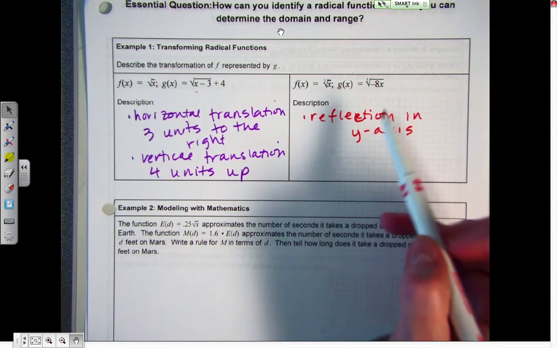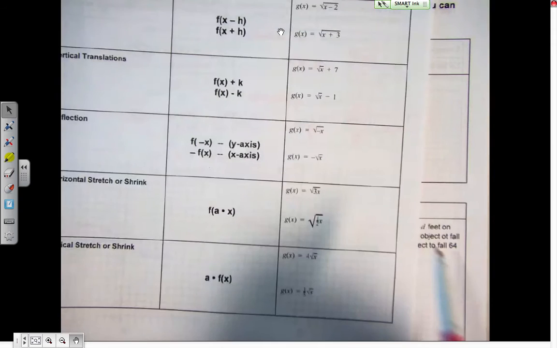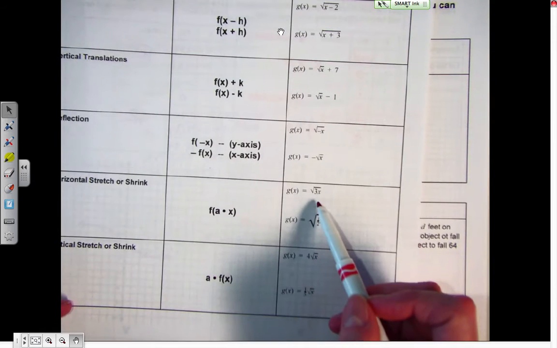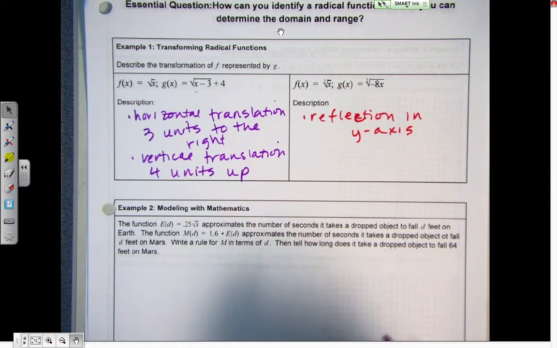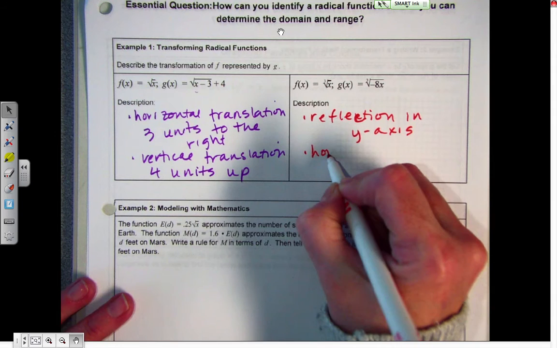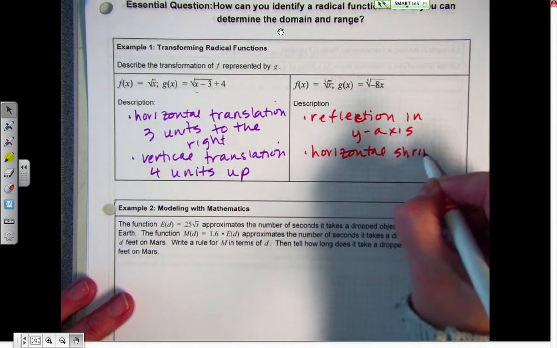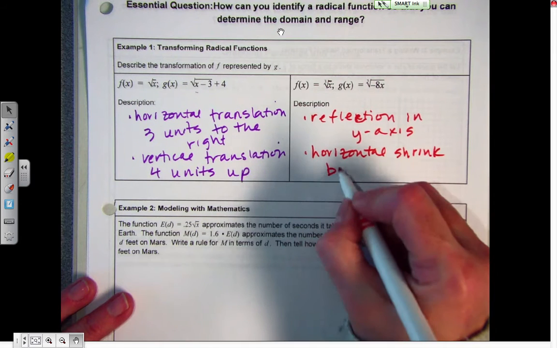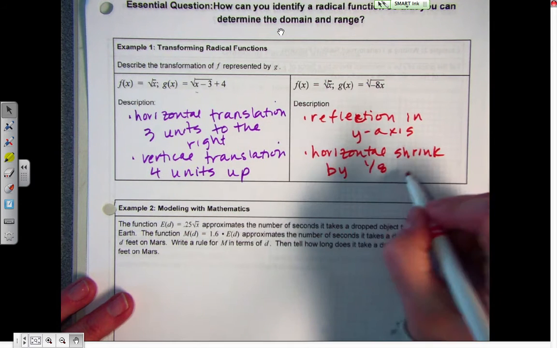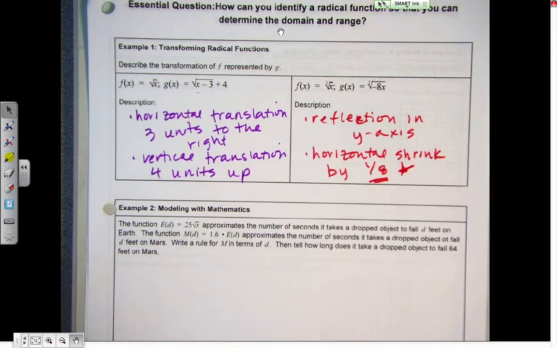And then we have the 8. When the 8 is on the inside, that is a horizontal shrink by 1/8. So remember this from a long time ago. When it's horizontal, it's 1 over whatever the factor is.